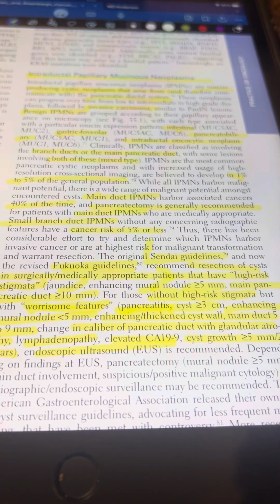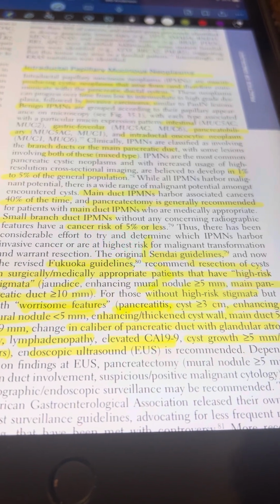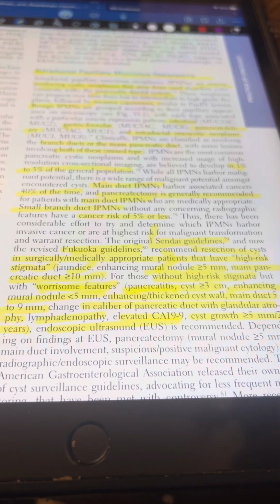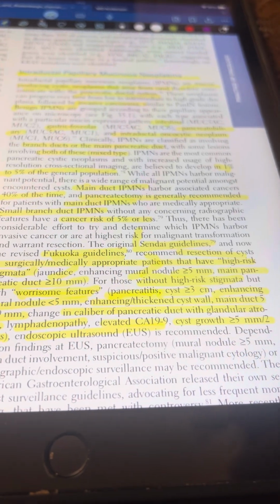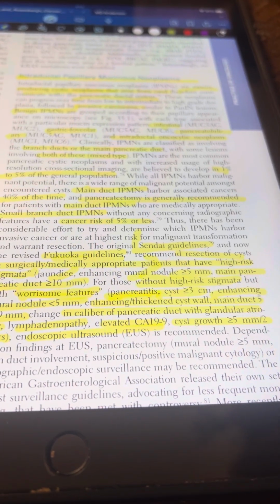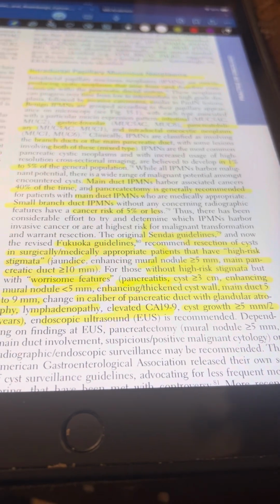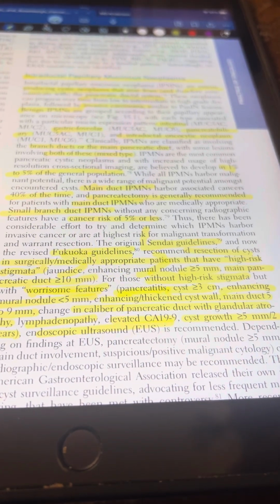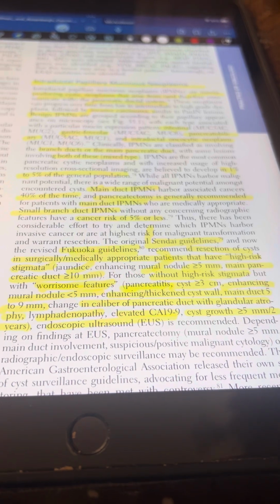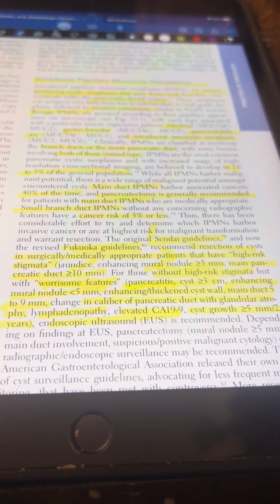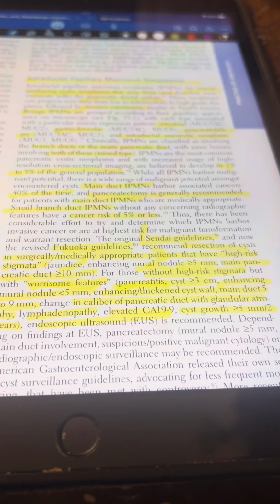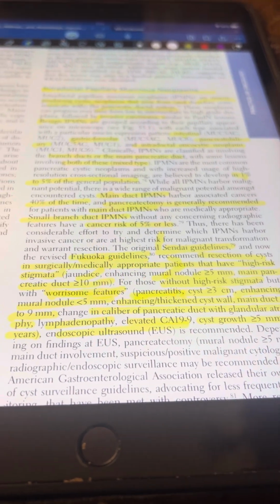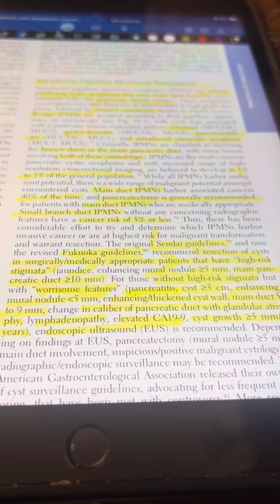So which are the worrisome features of IPMN? First is pancreatitis, then cyst more than 3 centimeter, then an enhancing mural nodule of less than 5 mm, enhancing thickened cyst wall, main duct 5 to 9 mm, change in caliber of the pancreatic duct with glandular atrophy, lymphadenopathy, elevated CA19-9, and cyst growth more than 5 mm in 2 years, and endoscopic ultrasound is recommended.